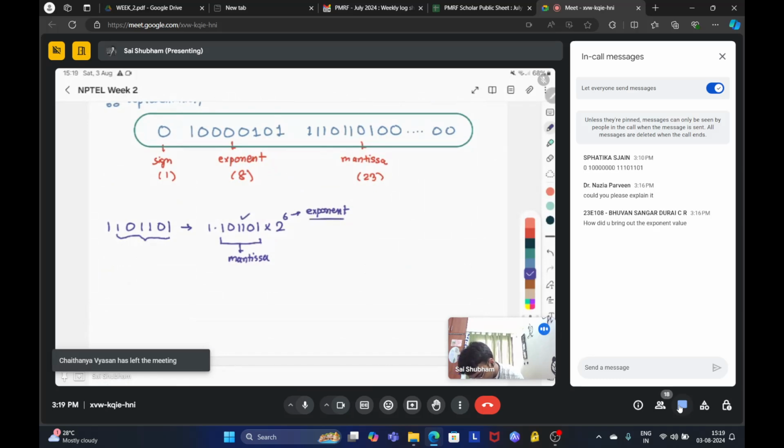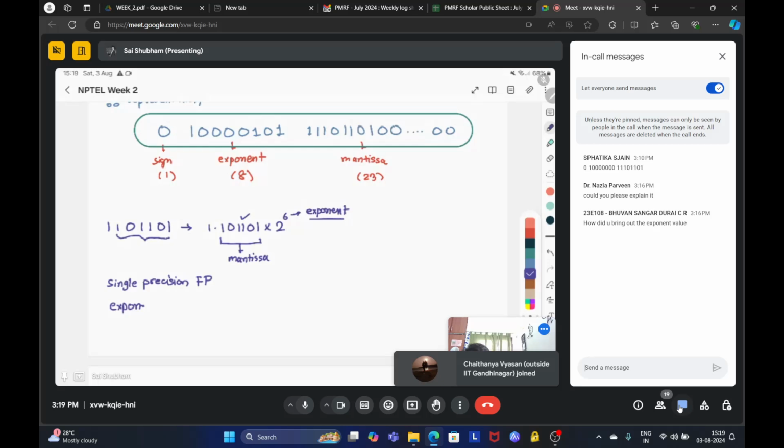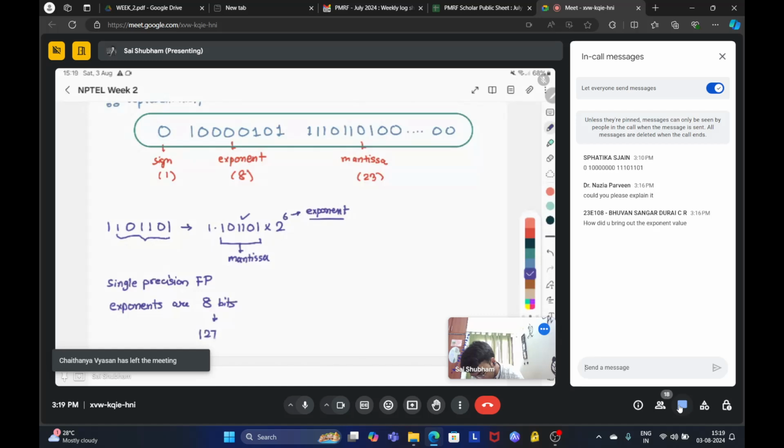Now, in this single precision floating point, your exponent bits are 8 bits. So for that, we add a bias of 127 to whatever exponent we have. For example, in this case, our exponent is 6.